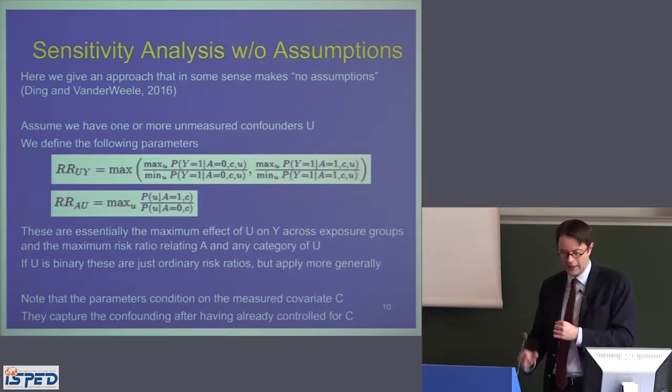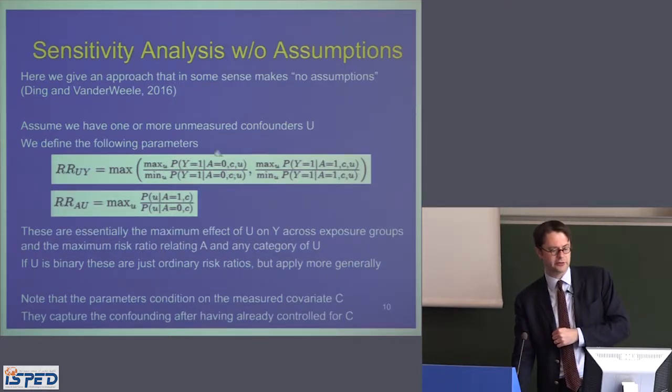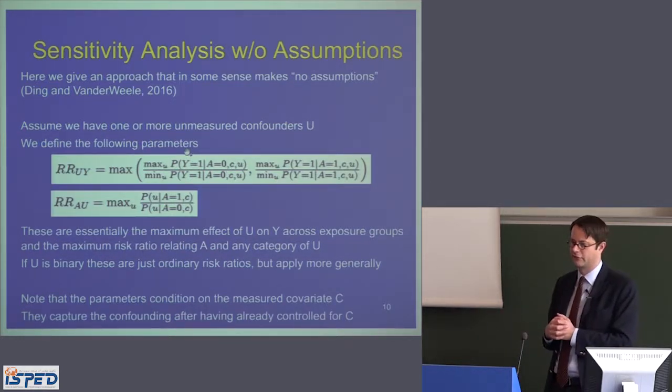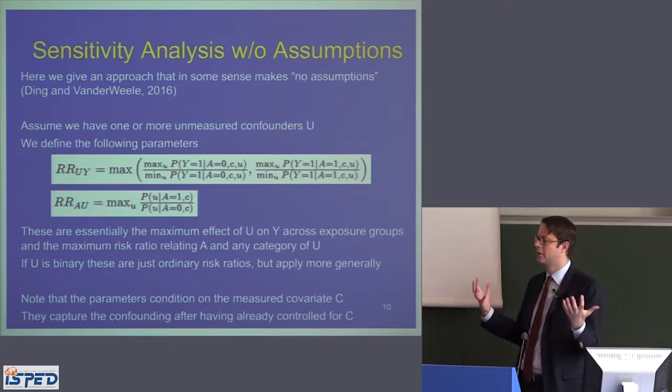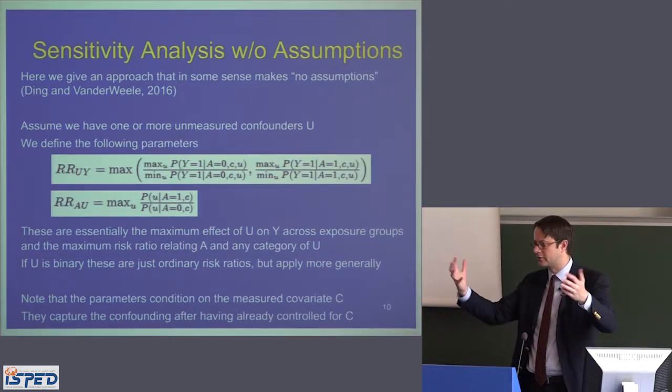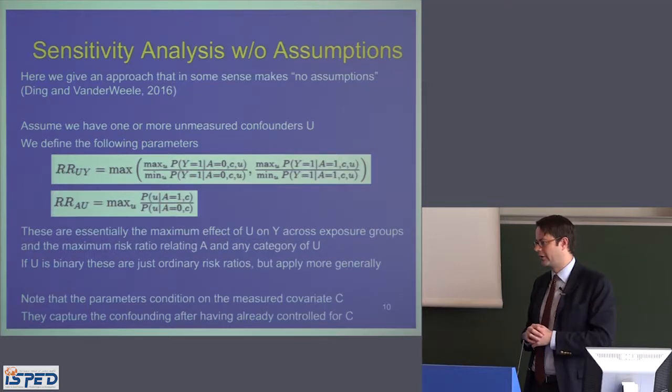How likely is it that U could increase Y having already adjusted for our measured covariate? So this is picking up confounding above and beyond our measured covariates.